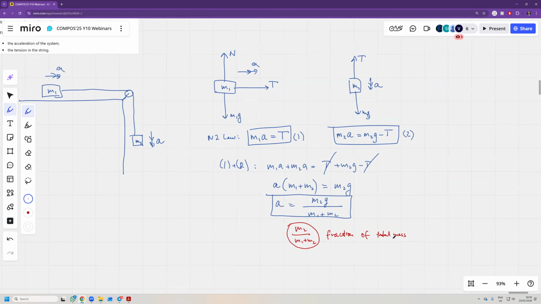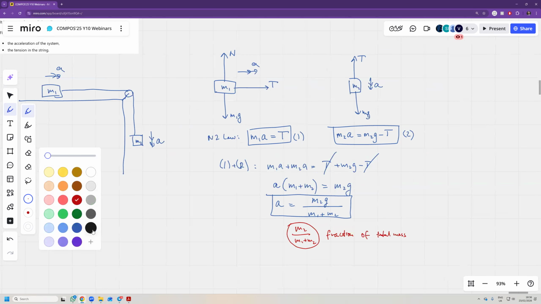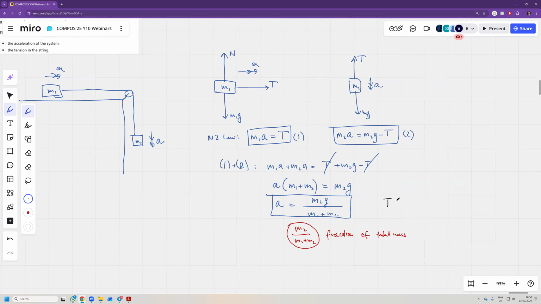And the tension in the rope, of course, you just substitute. T is M1A, and that's M1 M2 over M1 plus M2 times G. Another beautiful result.